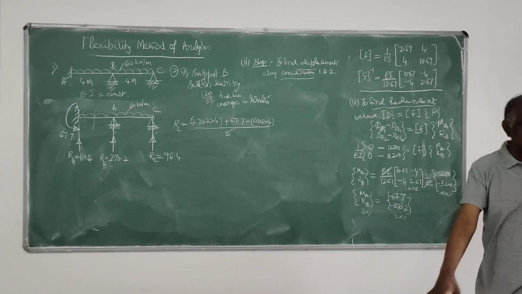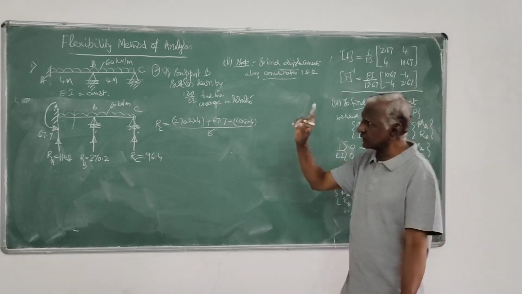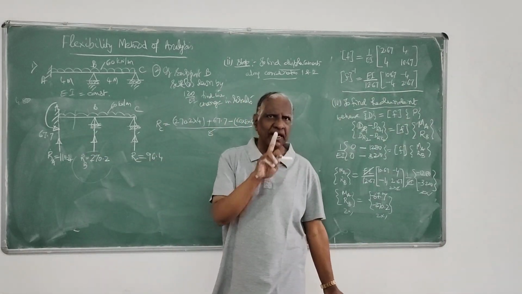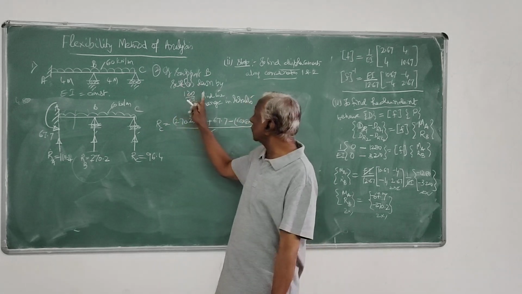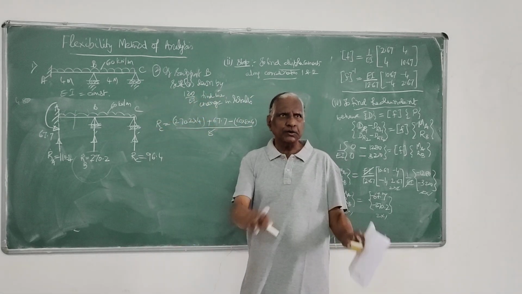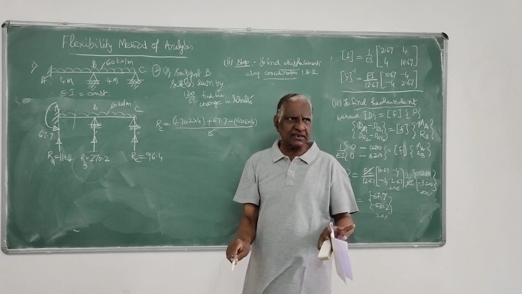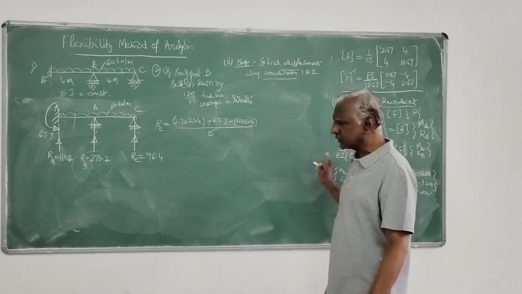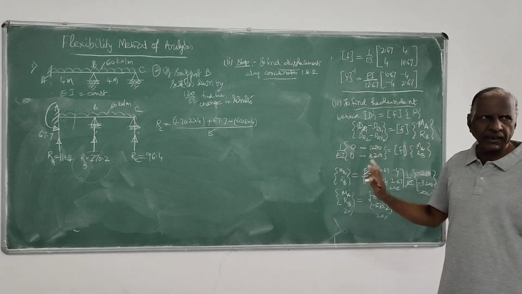The other things are all the same. The only thing is, in selecting the redundants, you have to select this RB as one of the redundants. That you have to make sure, because support settlement occurs at that point. You have to choose wherever that secondary effect is there as one of the redundants, so that you can do the calculation without any problem.